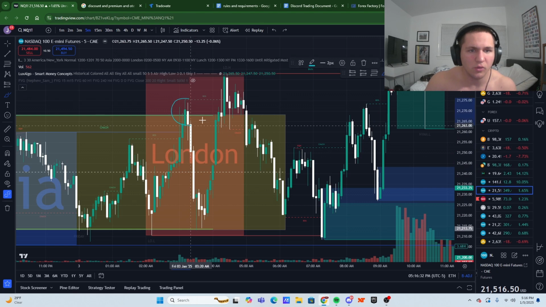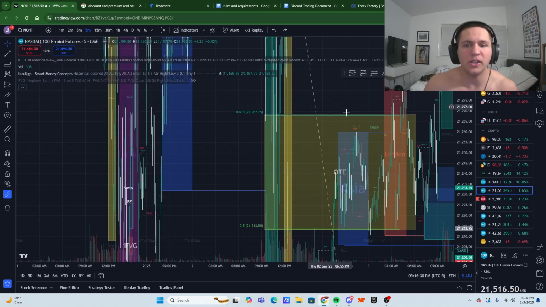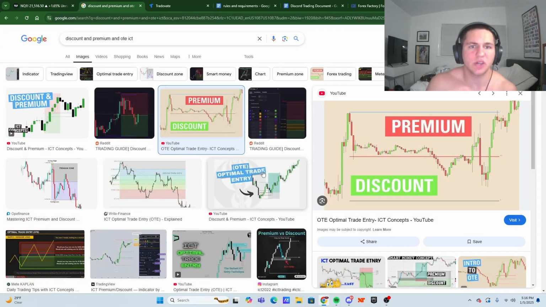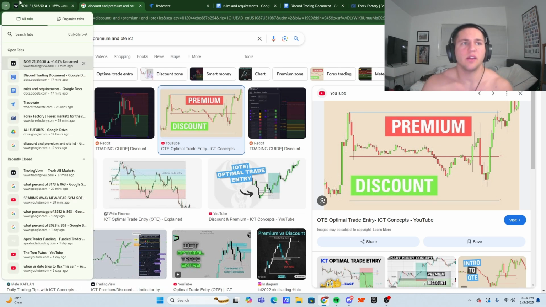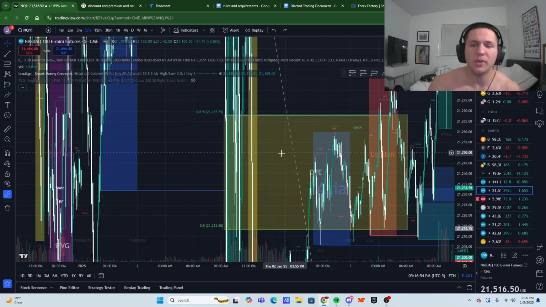So once again, we get to the 0.618 level and we immediately bounce off of it. That's why the 0.618 is commonly known as the optimal trade entry. So premium is that overbought zone where you're looking for shorts, and discount is that underbought zone or oversold zone where you're looking for longs, for price to go up. And then you want to at least aim to get in at OTE.